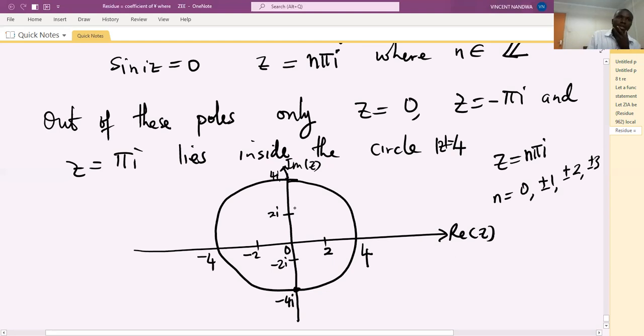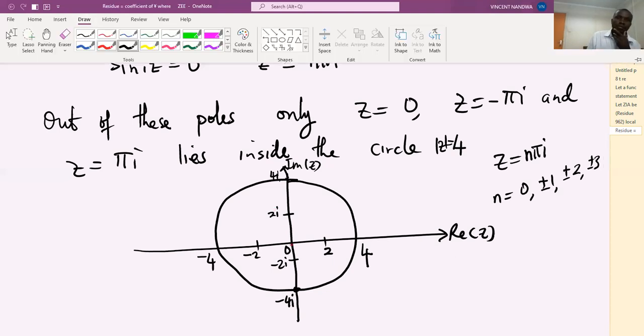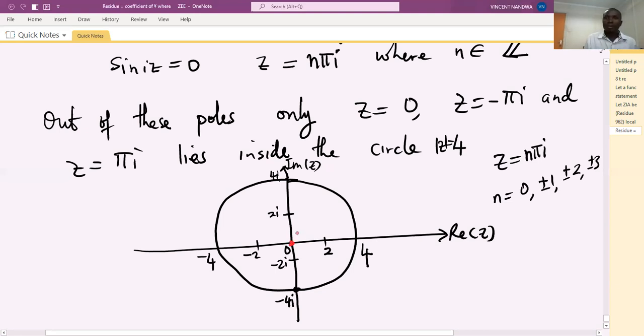So 0 is within this circle. So it's like we have 0, plus or minus pi i, plus or minus 2 pi i, plus or minus 3 pi i, etc. These are the poles. But then pi is 3.14.